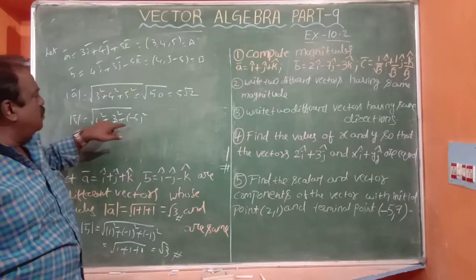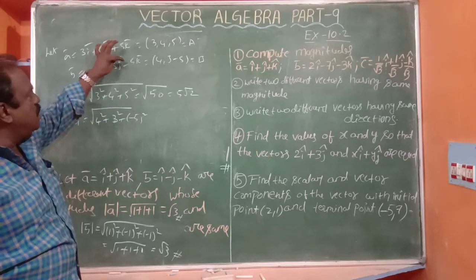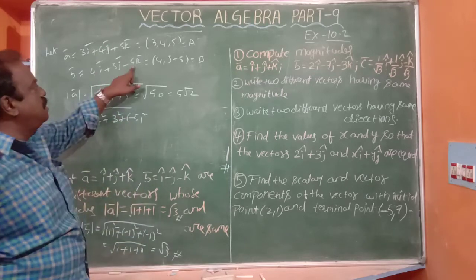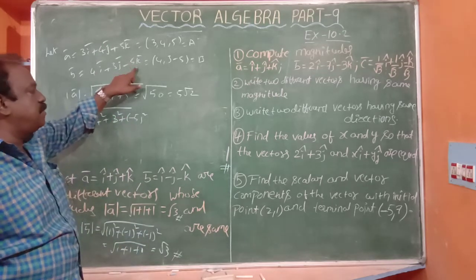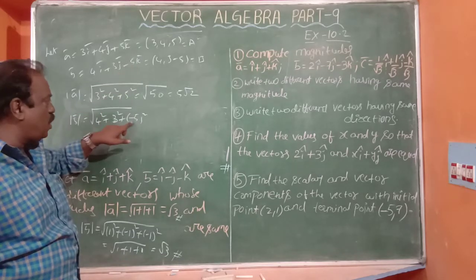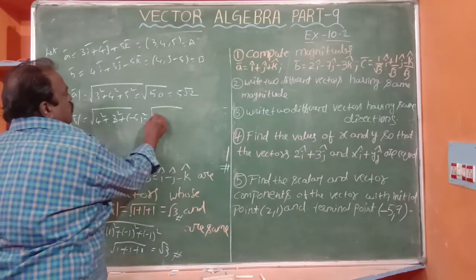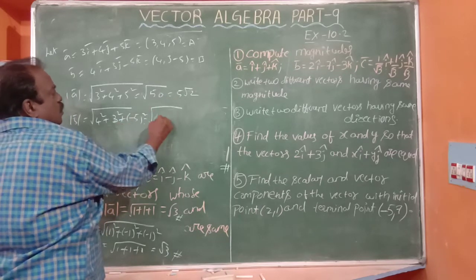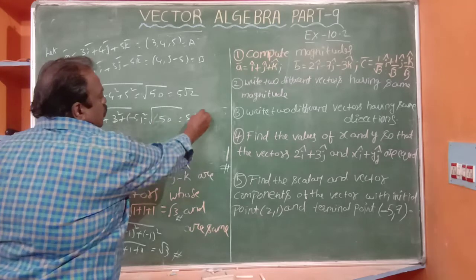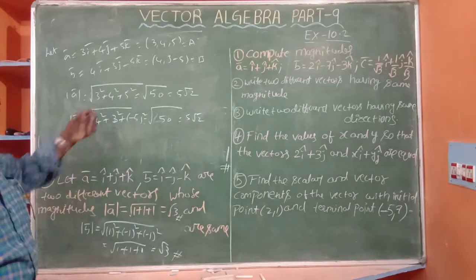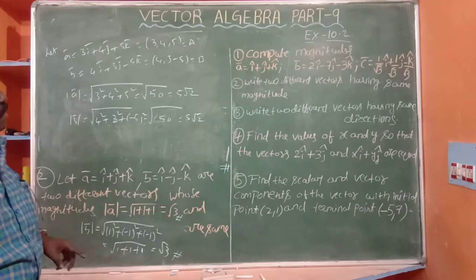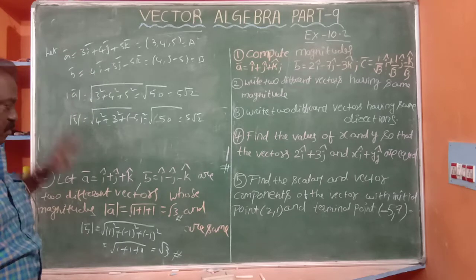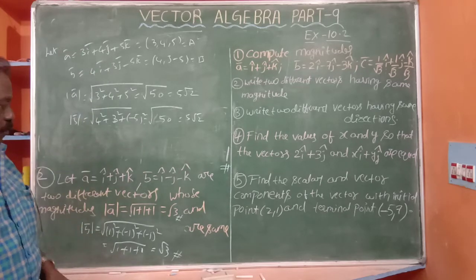Many students can catch, but some of you cannot understand. You simply put the minus here. It is wrong. Minus 5 itself is the coefficient of k cap, that is z square. It is also root of 16 plus 9 plus 25 only. Here also we get 50, 5 root 2. So magnitudes are equal, but there are different directions, different points, different position vectors, different vectors. So that is question 2.